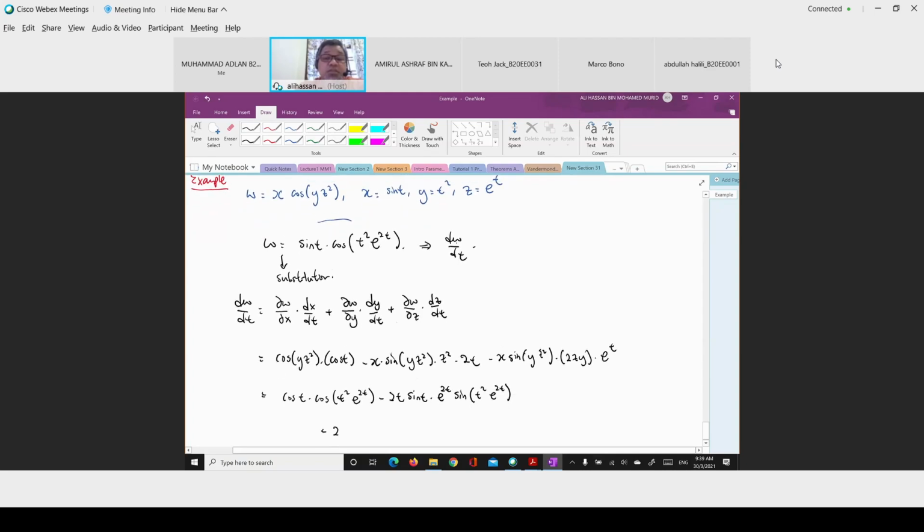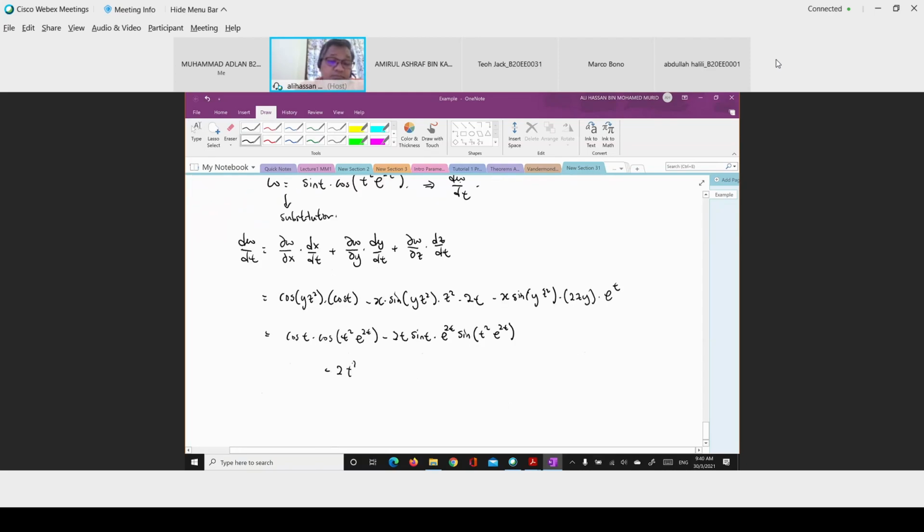We have t squared e to the t sine t, and then 2xyz. We also have another 2x. We also have another t, so that means we have here sine e to the power of 2t, and then sine of yz squared is sine of t squared e to the power of 2t.